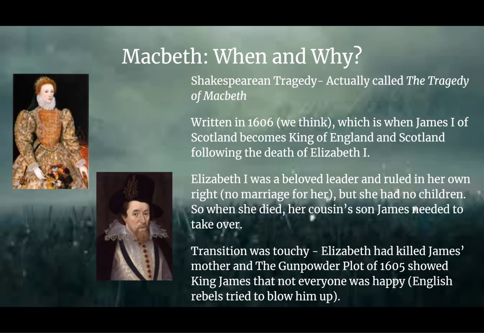A lot of Shakespeare's timelines are a little jagged, which is when James I of Scotland becomes King of England. So Scotland and England are originally ruled by two different monarchs, right? When Elizabeth I, if you guys don't know her, she was a very, very strong, I love the Tudors, and she was one of the last Tudors, which is basically the family that had the crown at that time.